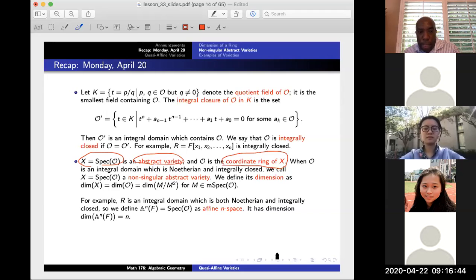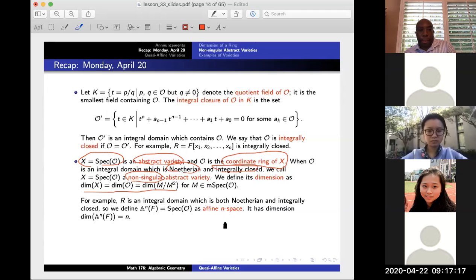If this integral domain has two other properties, that is, it's Noetherian and integrally closed, then we say that our spec is a non-singular abstract variety. So again, non-singular means that it's an integral domain that's Noetherian and integrally closed. If we have all three, integral domain, Noetherian, integrally closed, then we can define the dimension of our variety.